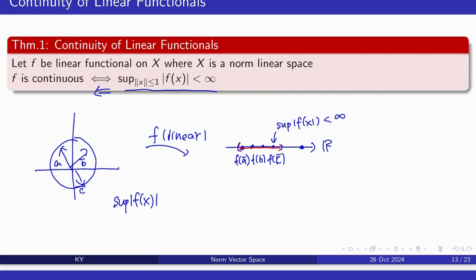So in the case where your supremum goes to infinity, you can think of it this way: you have f(a), f(b), f(c), and then you may have some value f(m) that explodes and is quite far away from these. So all the vectors in the neighborhood of f(m) don't map close to it, there's no value close to this guy right here.